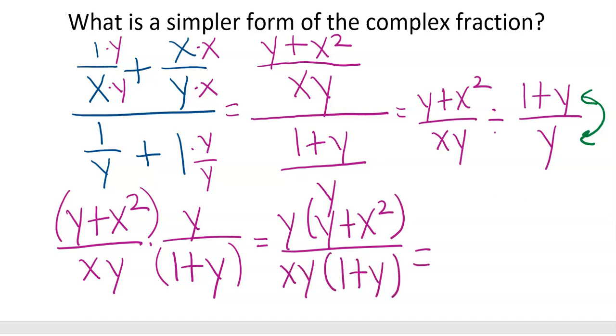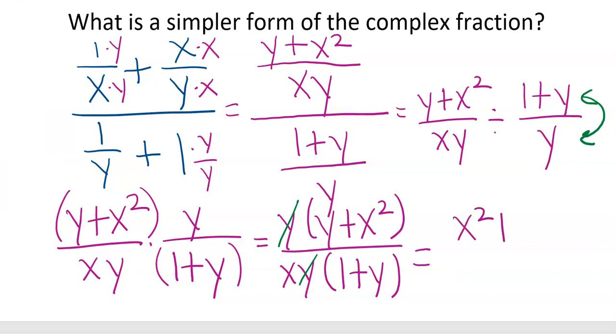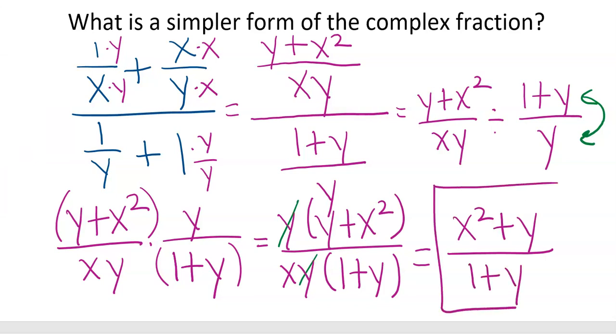And on this one, we can simplify those y's out. So it looks like this: x squared plus y. You could leave it y plus x squared over 1 plus y. For these, again, if it's a sum or difference, you want to leave it just like it is. Anything that's a product sitting out front, you can simplify those out.